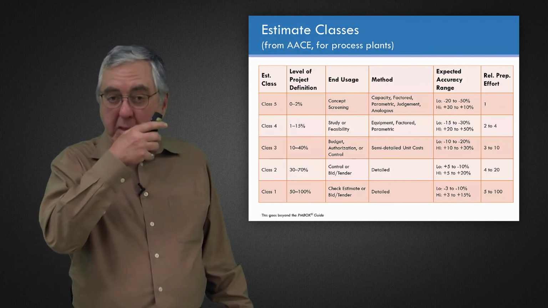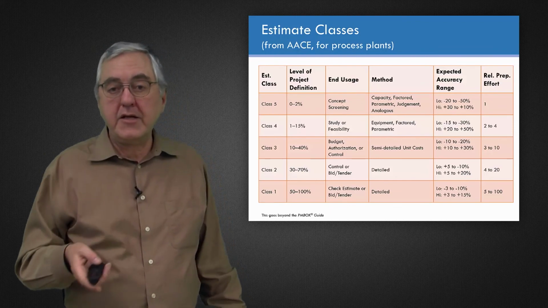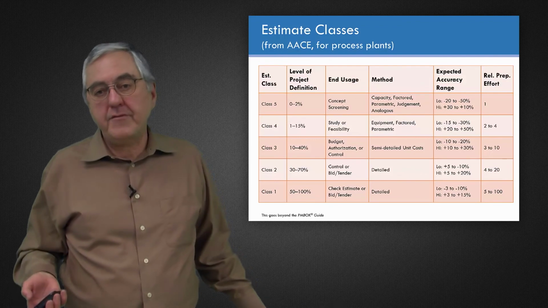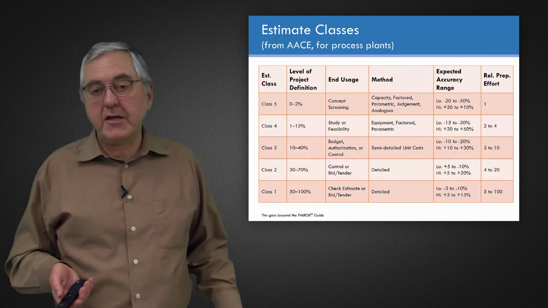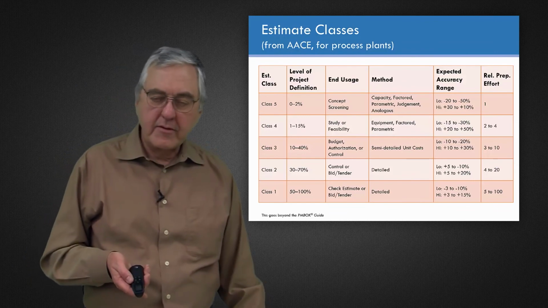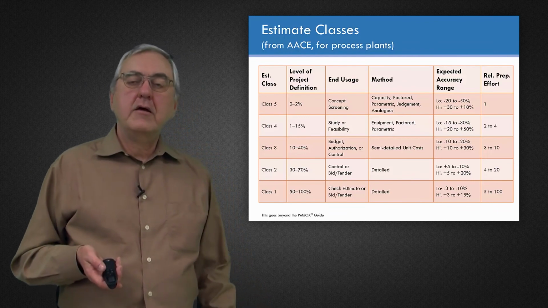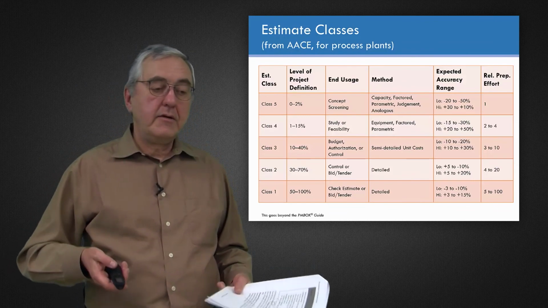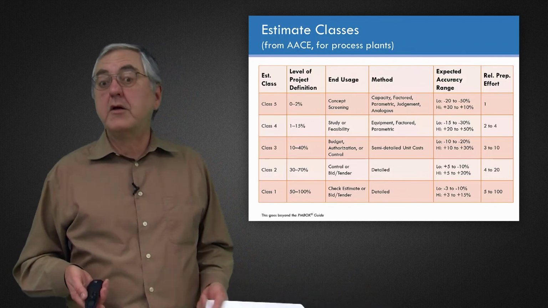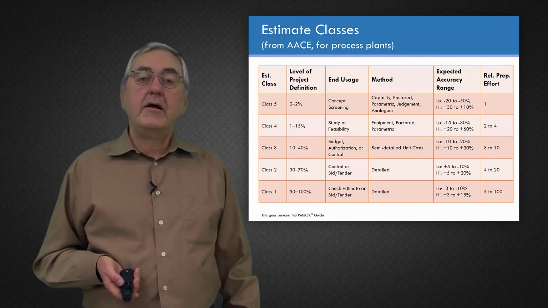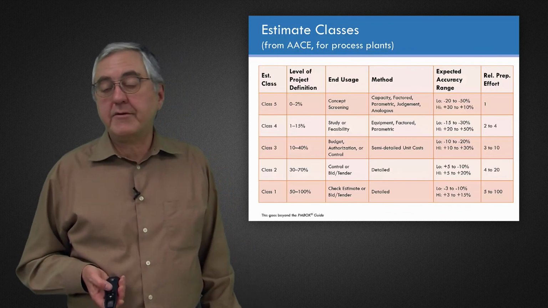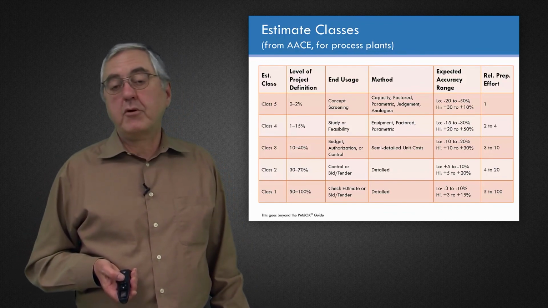And they connect that estimating class with the likely usage of it, the method that you've used, and a description of the accuracy range that's likely associated with that method. So this is quite commonly in use within Canadian consulting engineering firms that do industrial kinds of projects. And that's reserves and accuracy within project cost management.